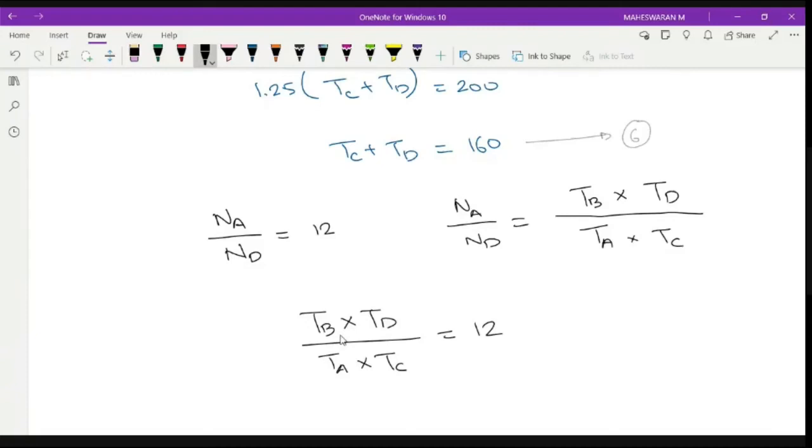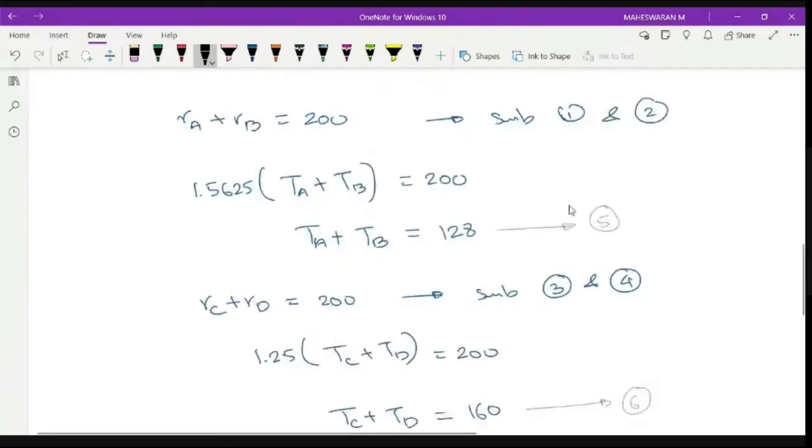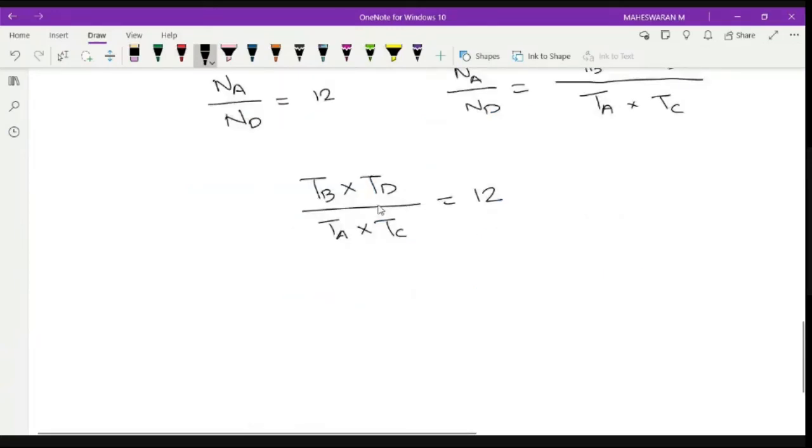We have the 5th equation; we can write it in terms of TB or TA and substitute. TA is 128 minus TB also. So you will get another two variables, TD and TA, so you will have that confusion.